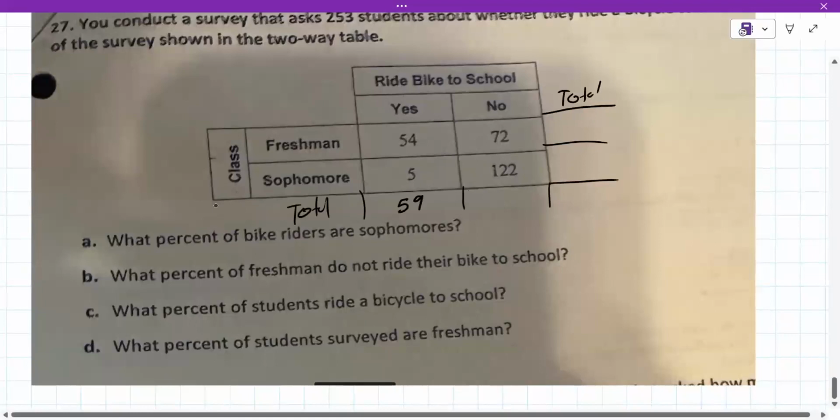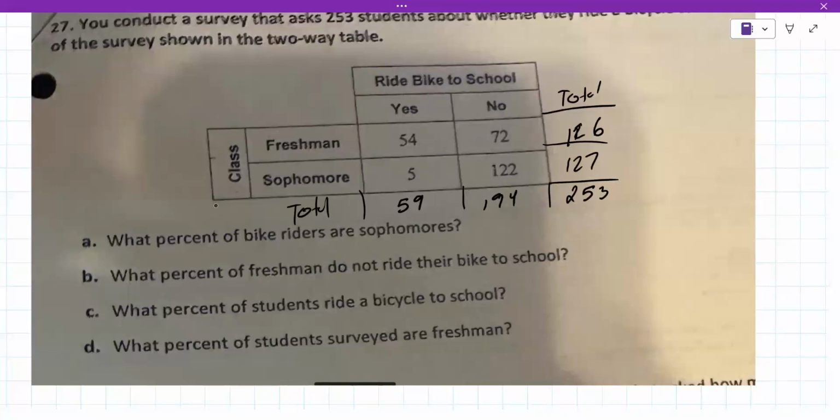Okay, so then that'd be 59 and then 194. And in total that's 253. The bottom one's 127. And then that one is 126. Yes. And that's good. Now you can answer the questions.